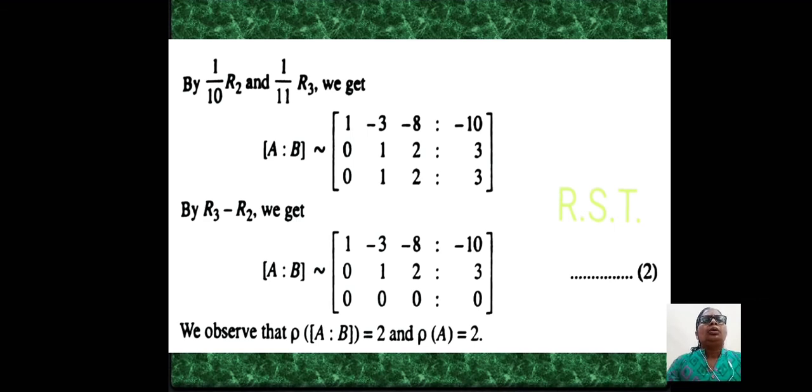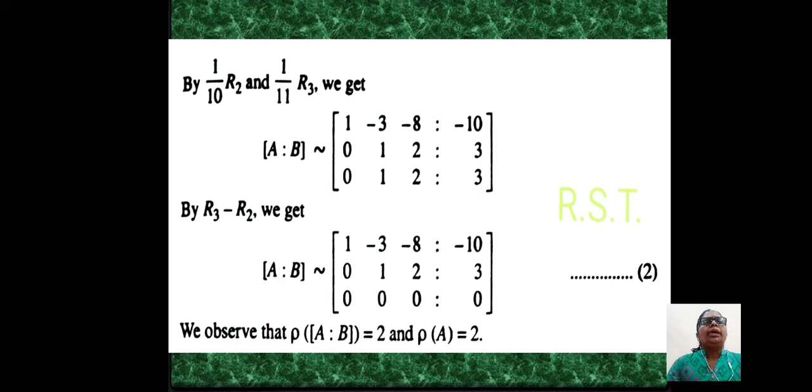Now we make some transformations: 1 by 10 R2 and 1 by 11 R3. We get the augmented matrix [A : B] equivalent to the matrix [1, minus 3, minus 8 : minus 10; 0, 1, 2 : 3; 0, 1, 2 : 3].